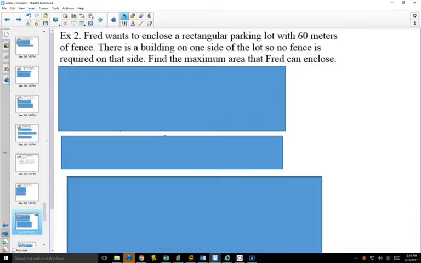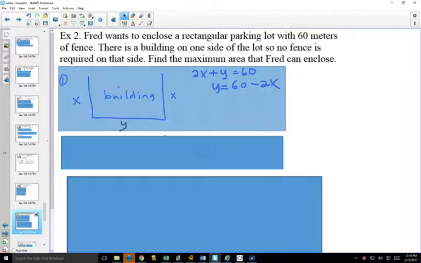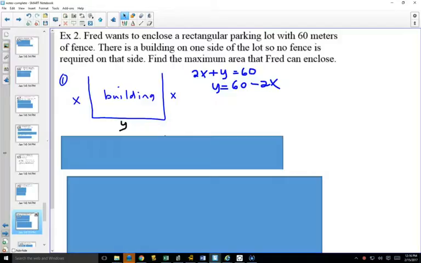There's a building on one side, so no fence is required. Find the maximum area that Fred can enclose. So the same way you would have done this question in grade 11, you would have drawn a little diagram. And we've got two sides that are going to be the same and one side that's going to be different. So we can start by labeling it with two variables, and you find out that 2x plus y has to equal 60 because you have 60 meters of fencing in total.